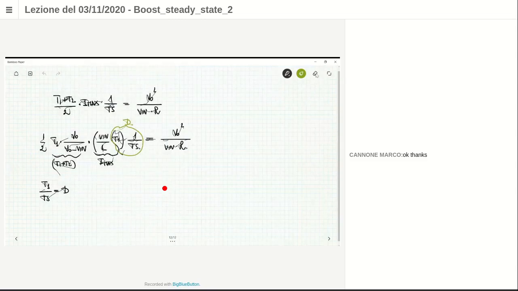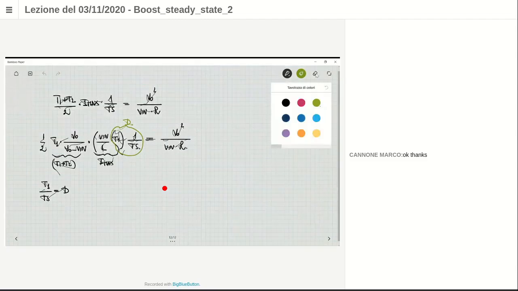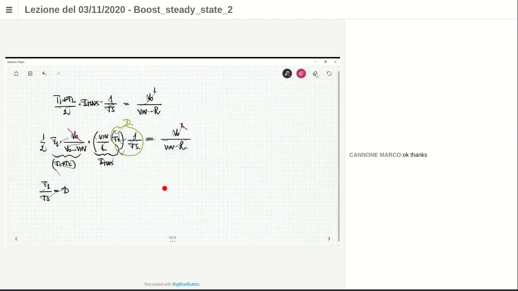So now I have V naught here, then you have a square here. So I can say that you have D divided 3 times L. D, 2, and L.